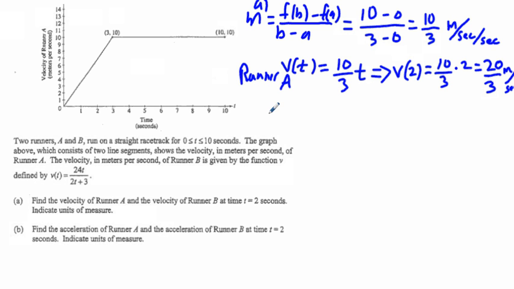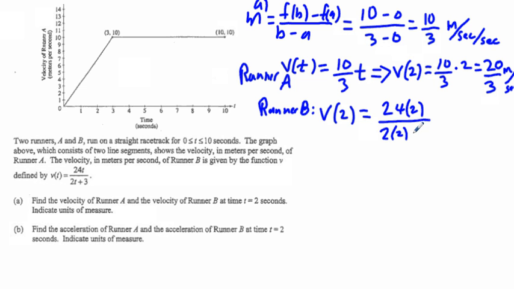Now, runner B, we're going to use our function here, v of 2 is equal to 24 times 2 over 2t, which is 2 times 2, plus 3.